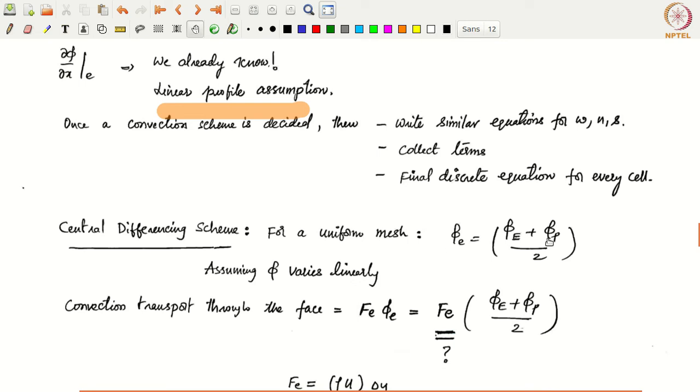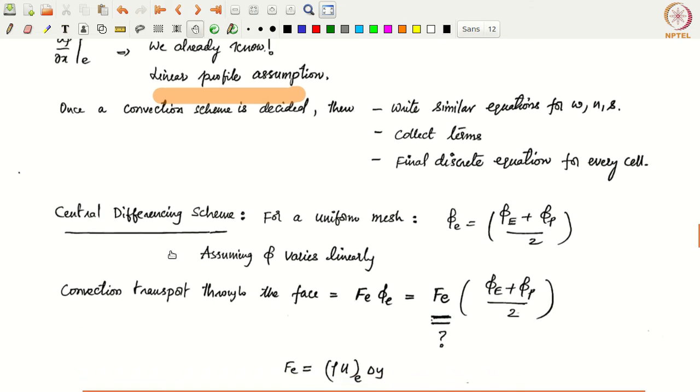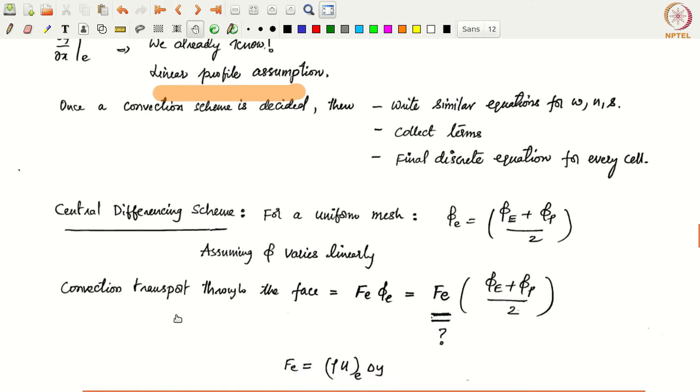Otherwise, it is basically a linear interpolation. Now, if you introduce this, what will happen to the convection transport through the east face? The convection term is Fe times phi e. So that's what we have.